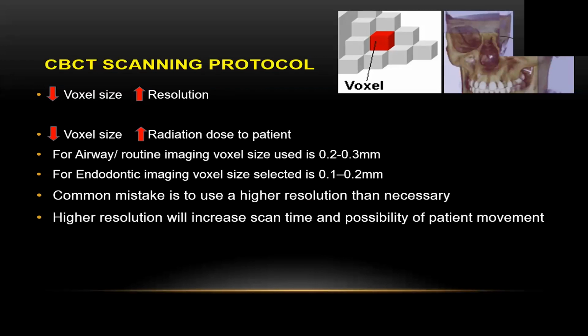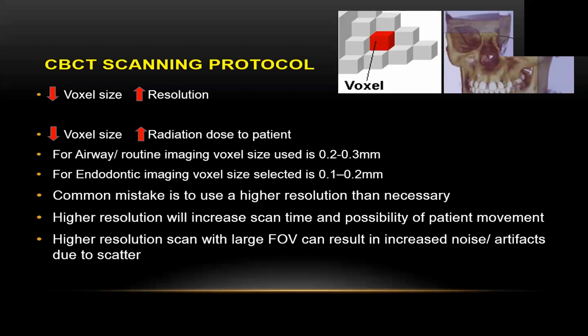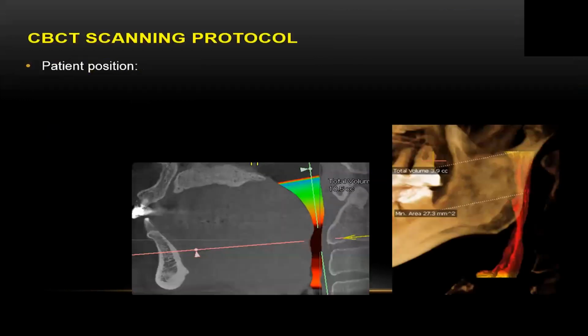Another disadvantage with using higher resolution for all the scans is that it also increases the possibility of patient movement, because higher resolution scans take longer and they deliver higher radiation dose to your patient.